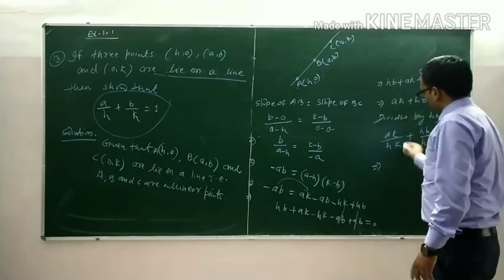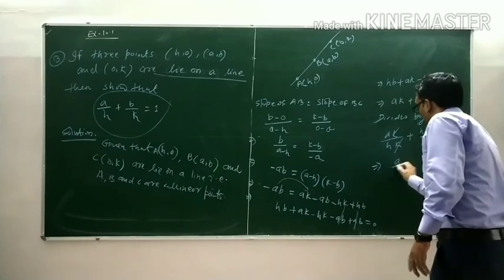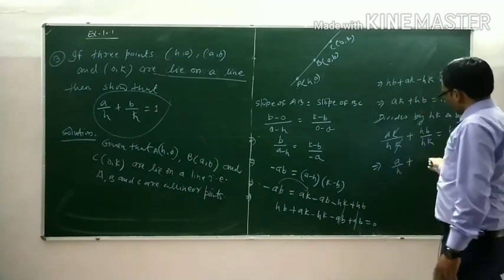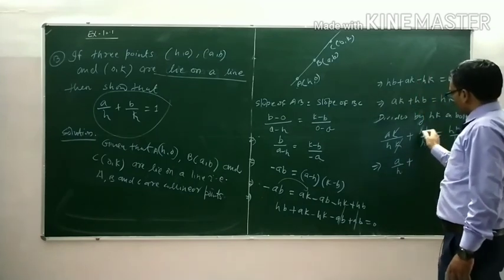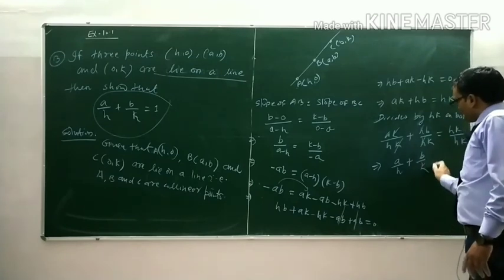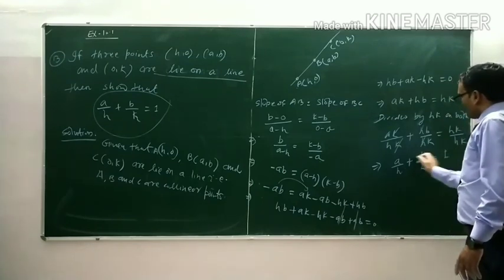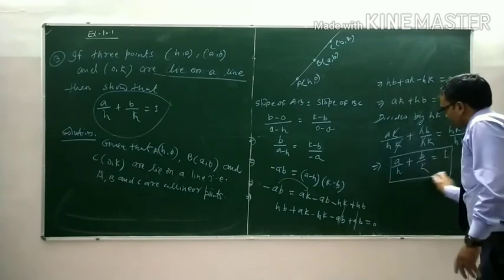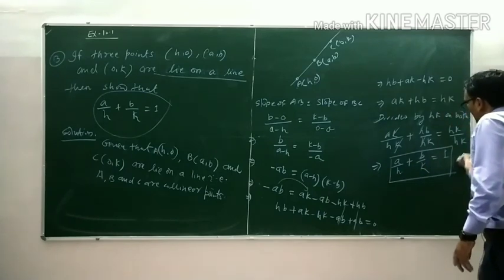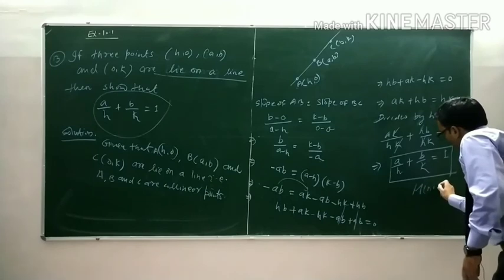This implies k cancels in the first term, h cancels in the second term, so a upon h plus b upon k equals 1. Okay students, which is our required result, hence proved.